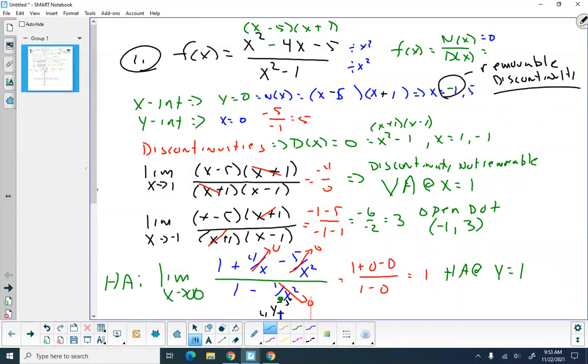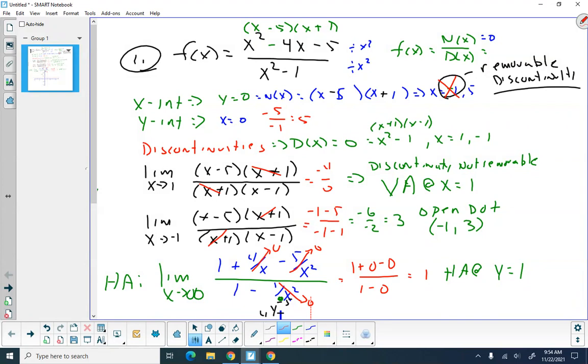Since it is a removable discontinuity, we will not get any x-intercept at that value -1. Think about if I was going to list a domain for this function I want to graph. My domain is the set of values x, a member of the reals, where x cannot equal 1 or -1.